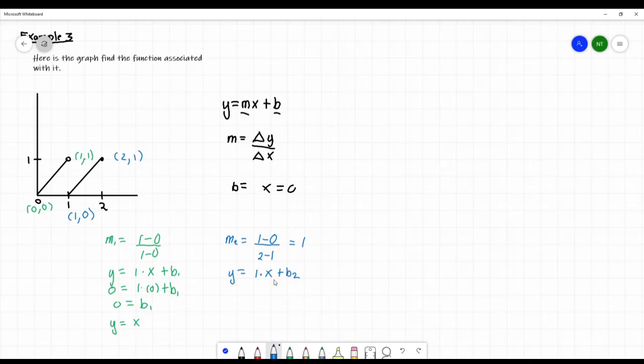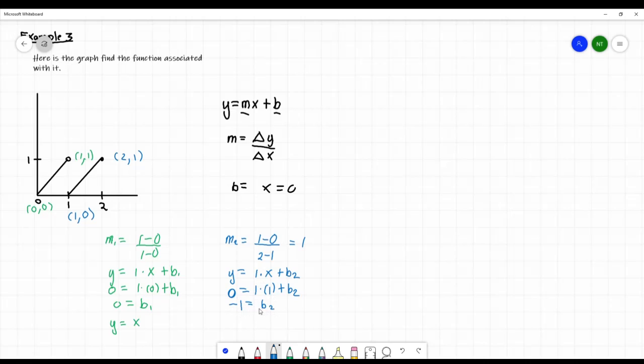Now let's plug some points in here. Let's plug in the point 1, 0. So y is equal to 0 is equal to 1 times 1 plus b2. This solves to b2 is equal to 1 times 1, and we bring it to the other side, minus 1.